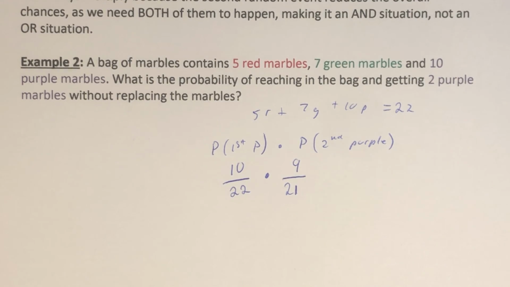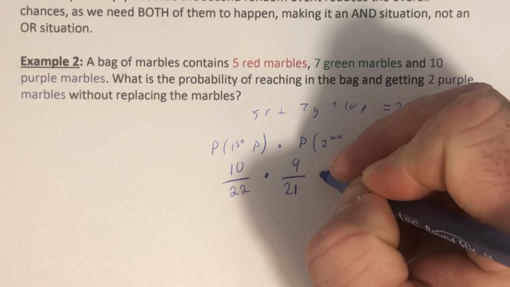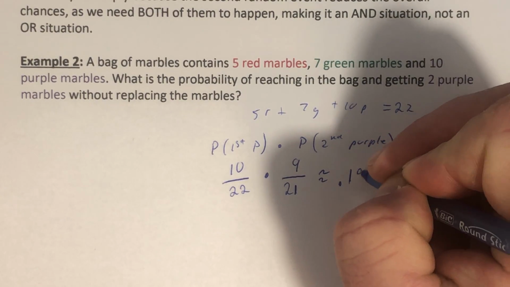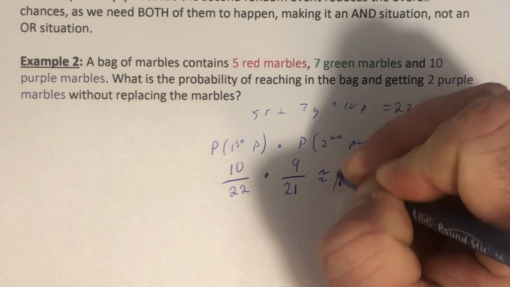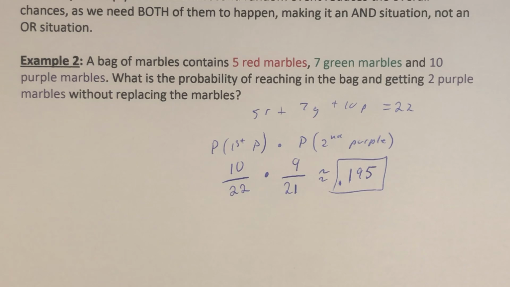So if I do 10 divided by 22 times 9 divided by 21, I would get my answer. Here I'm getting 0.1948. The 48 will round up to a 5, so I get 0.195 as my probability.